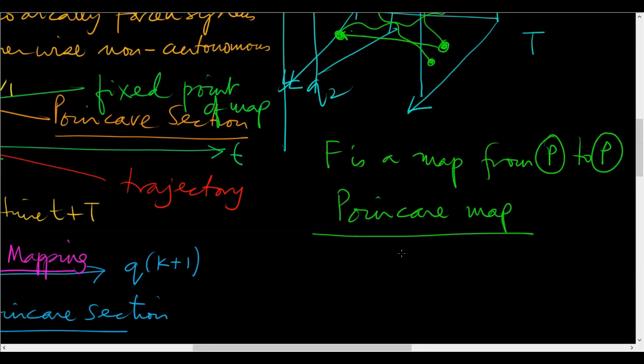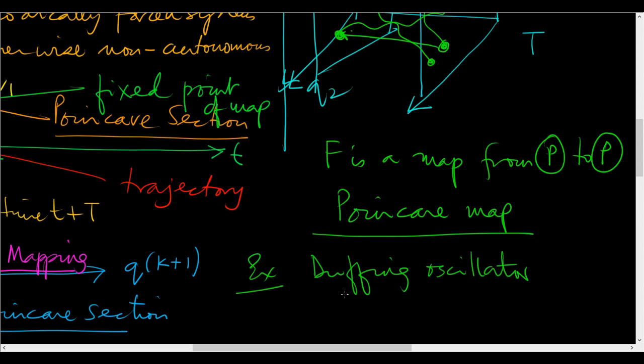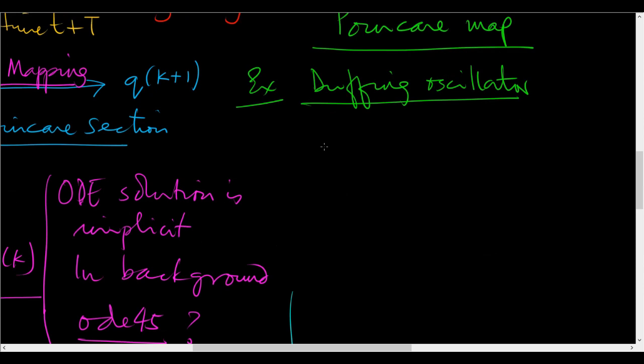So we are now looking at the Duffing oscillator. Duffing oscillator is just an oscillator with a cubic nonlinearity, a linear term, a cubic term, a damping term, and a harmonic forcing term. So we are looking at this one now, x double dot minus x plus x cubed plus c x dot is equal to f sine omega t.